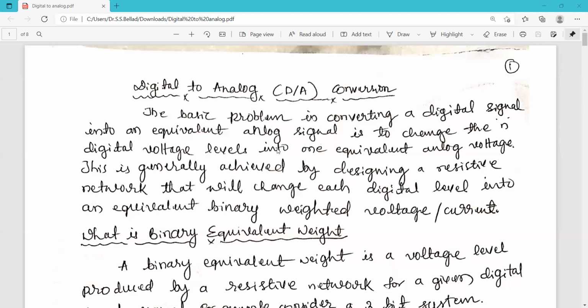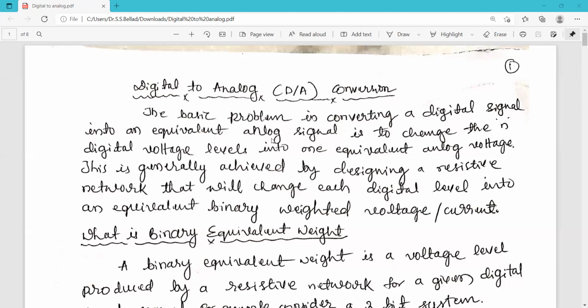So in this basic digital to analog conversion, we generally have n number of digital signals, and all signals have to be converted into one equivalent analog signal. This is what we are doing in the digital to analog conversion.